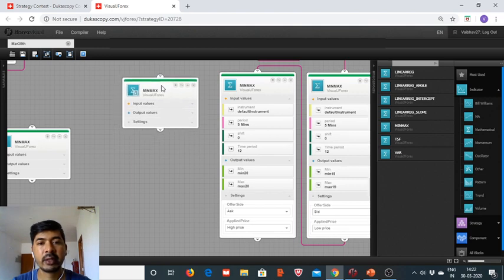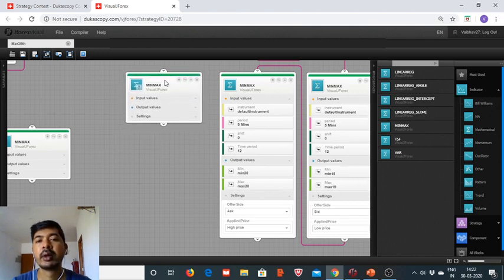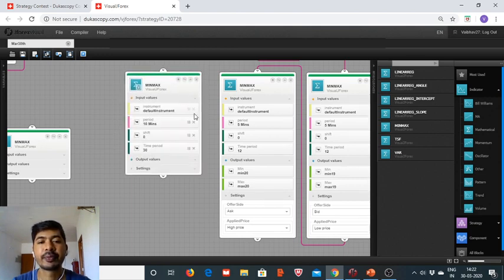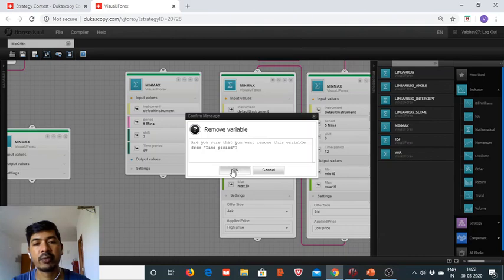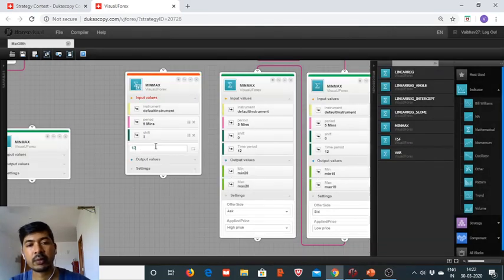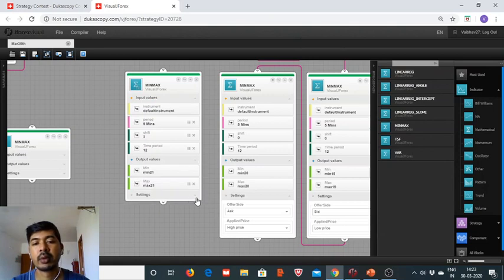Now we will define these two blocks at shift 3. The time period will be of 5 minutes only, and this will be shift 3, 15 minutes back. Time period is of 12. And here bid and the low price.